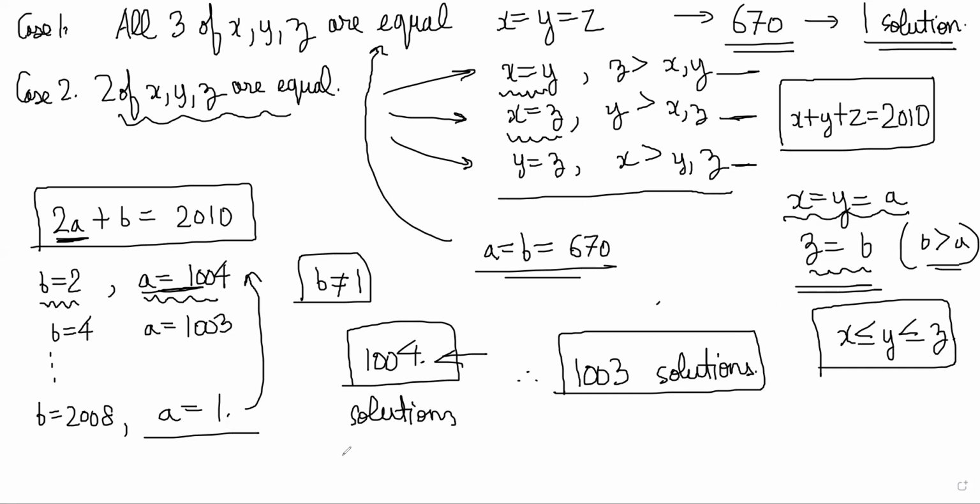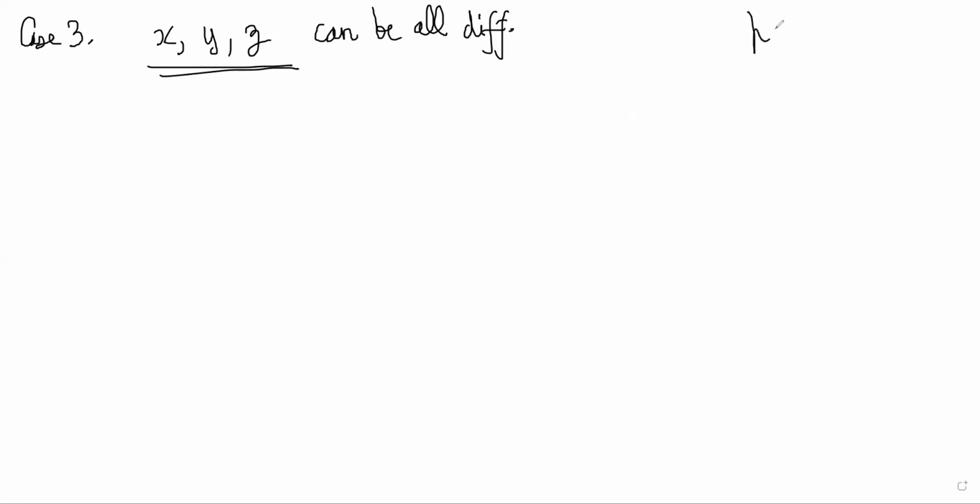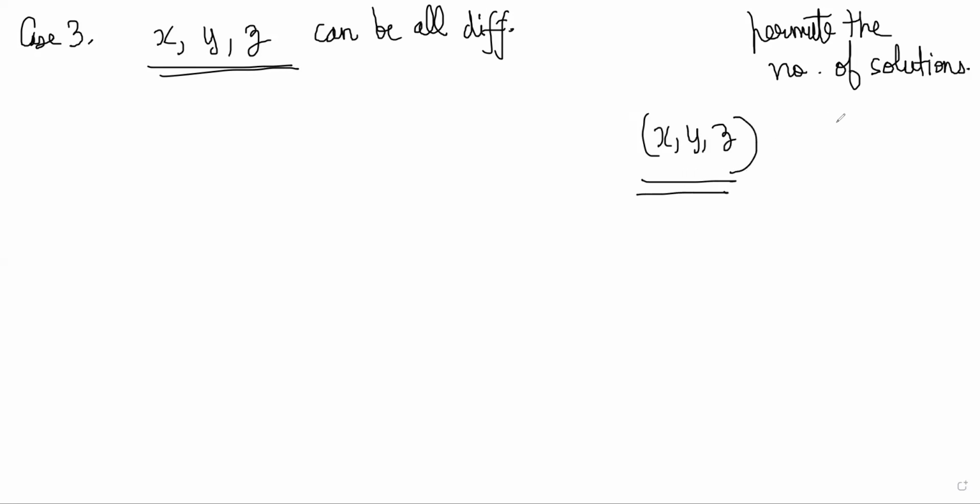So what I'm trying to do here is enumerate the different ways in which x, y, and z can exist. And the third case is basically x, y, z can be all different, right? And obviously, if x, y, and z are all different, you can permute the number of solutions. Basically, what I mean by that is if you create an ordered triple of x, y, and z, there are 6 ways for x, y, and z to exist among themselves, right?